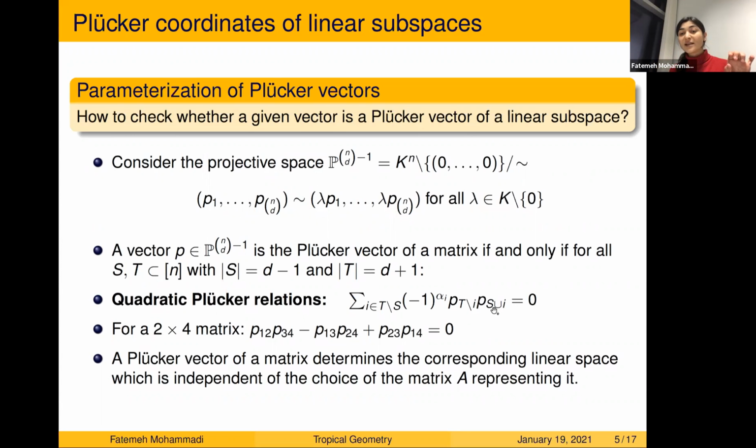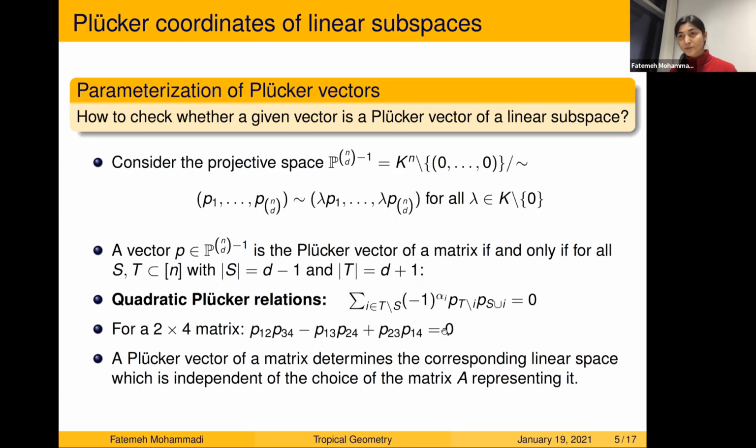Then you add this i to the end of your S, for example 1, 3 and then you add 2, but the indices are not ordered anymore. So you write it down in increasing order, and alpha is just the signature of this permutation, taking 1, 3, 2 to 1, 2, 3. So you can work this out combinatorially.